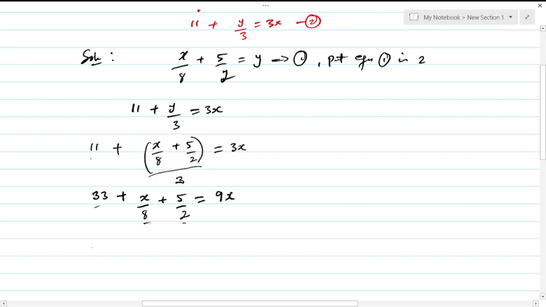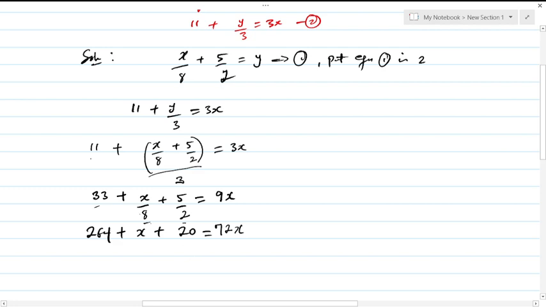So that will be 33 times 8, and 33 times 8, we have 264 plus x plus 5 over 2 times 8. 2 in 8, 4, 4 times 5, that is 20. Good. Equals 9x times 8, that's equal to 72x.